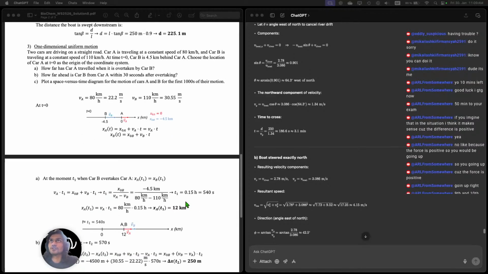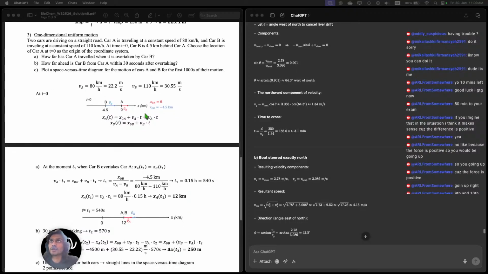So, where was I? I was looking at this question. How far has car A traveled when it's overtaken by car B? Car B overtakes car A: XA(T1) equals XB(T1). I'm guessing at that time they both are the same distance from the origin.